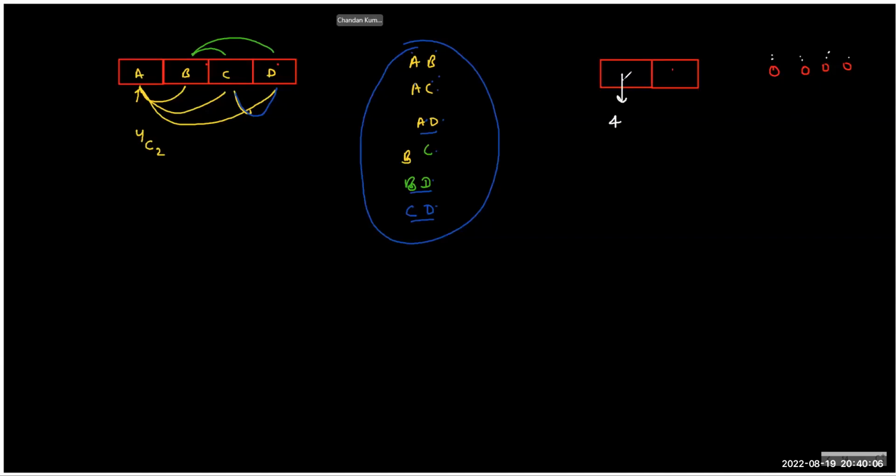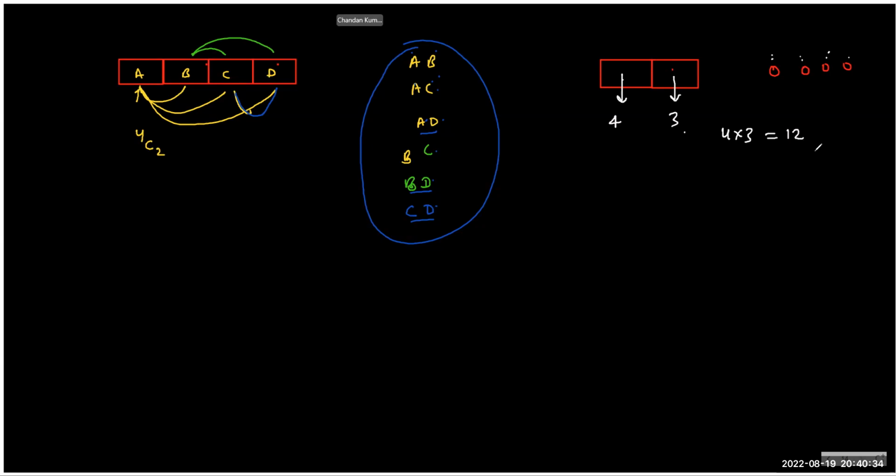But once I fill the first box, how many objects are left to fill in the second box? 3. Okay. So you can fill the first box with 4 objects, then the second will have only 3 options. So the total number of ways is how much? 4 into 3, which is how much?